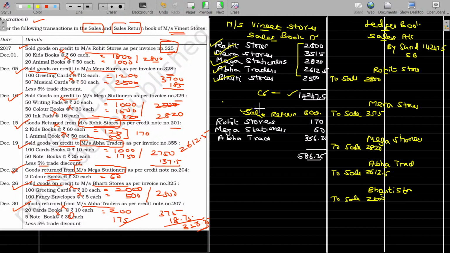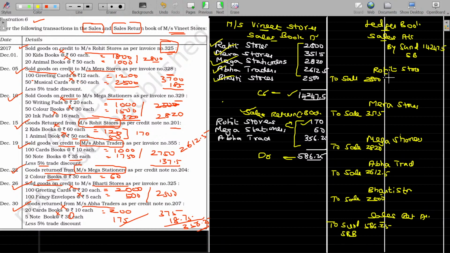Now, sales return book, the total will go to the debit side. Internal items should go to the concerned account's credit side. So, sales return account, in the debit side, 586.25, to sundries from sales return book, SRB.